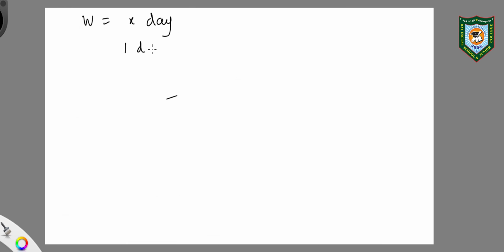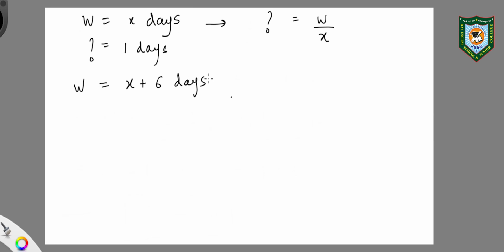How much for 1 day? This is question mark. So all that we have to do is cross multiply, and the question mark comes as W divided by X. Similarly for Pintu, we have W is equals to X plus 6 days. So the amount of work that Pintu does in 1 day becomes W divided by X plus 6.